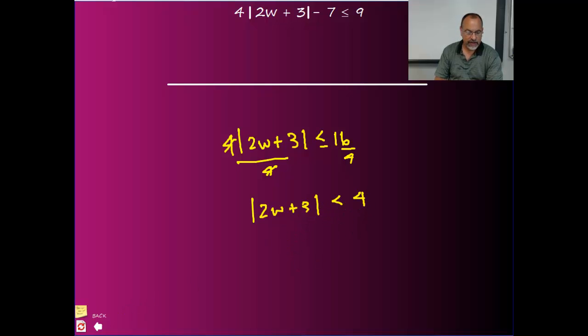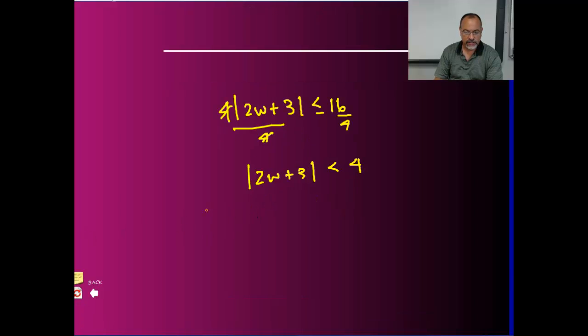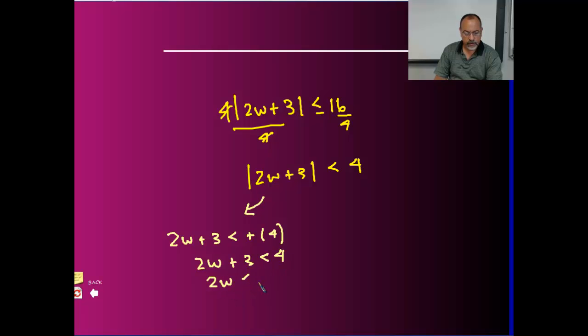Now that I have it by itself, I can go ahead and write my two inequalities. So the first one is 2w plus 3, and I keep the sign and I take the positive of this side. Okay, so it's 2w plus 3 less than 4, 2w less than 1, so w is less than 1/2.